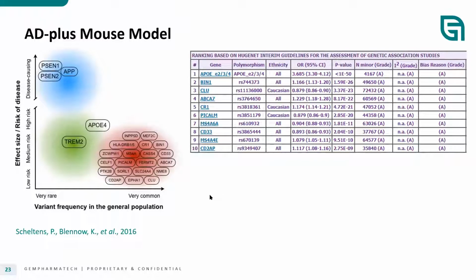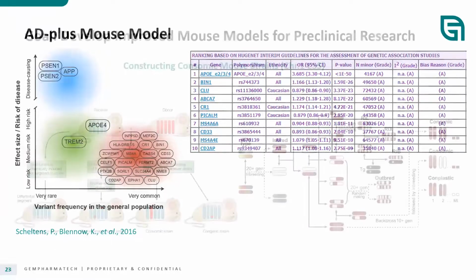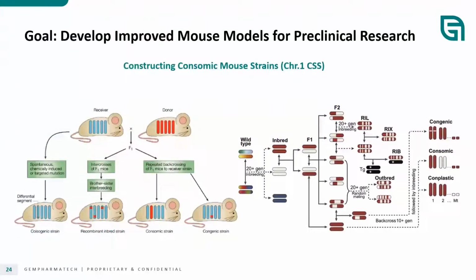And so just looking around at known genome-wide variation, SNP analysis, and where those are, what genes they are, has had us looking, from a basic research standpoint, at what we could possibly do to create a new, unique model that might be better representative of human disease. And so our goal: develop an improved mouse model for preclinical research.